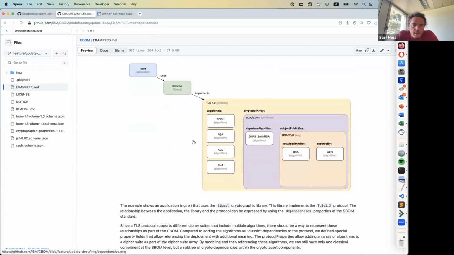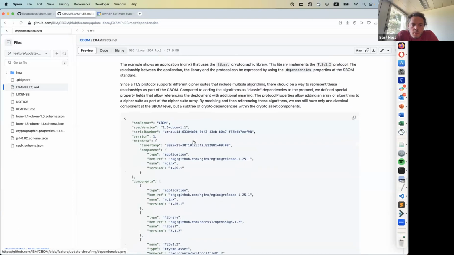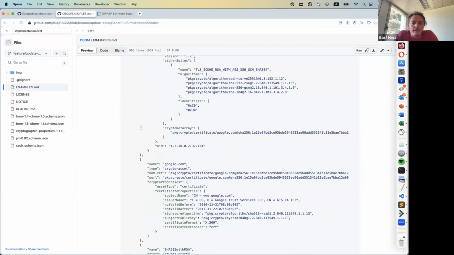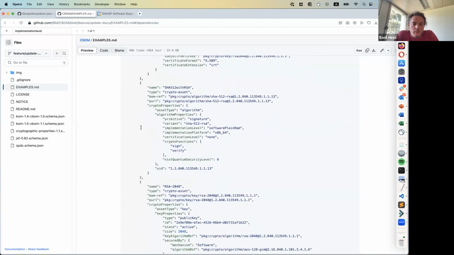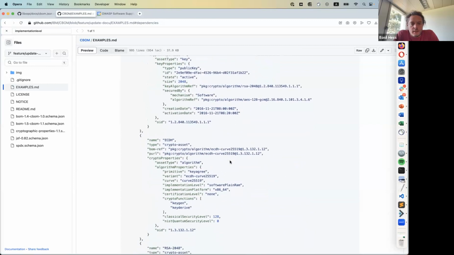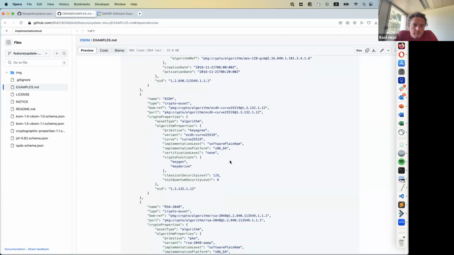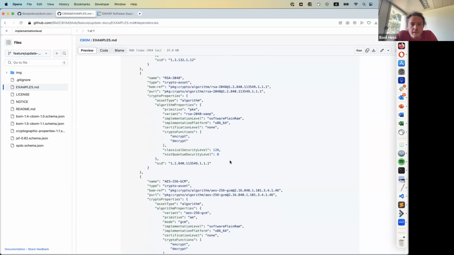In this situation, we have these two CBOMs here. The first one only uses classical algorithms. So you will see all the algorithms involved, of type algorithm, have NIST quantum security level 0, which means that they are not quantum safe. If you do a vulnerability analysis on that, it's possible to infer that it's not quantum safe.